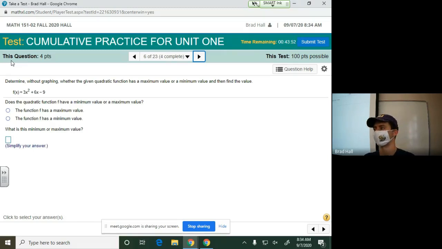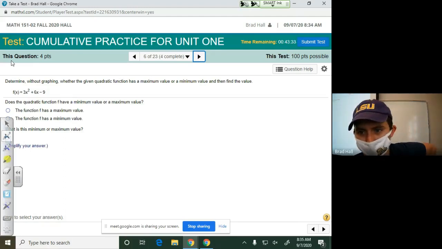So if you're familiar with what a vertex is, the vertex formula, my rule of thumb, if you're taking the test and it's asking for the maximum or minimum of a quadratic, you're going to be using the vertex. So it's a good rule of thumb.